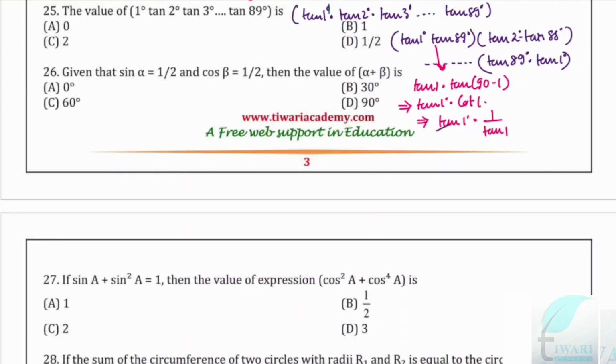Now this 1 by tan 1 and tan 1 will get cancelled and the remaining value is 1. So this value is 1, here also it will be 1, and here also it will be 1. So 1 into 1 into 1 is 1. So option B is the right answer.